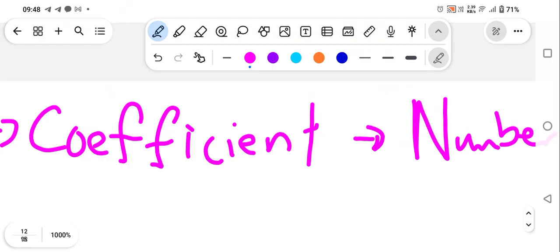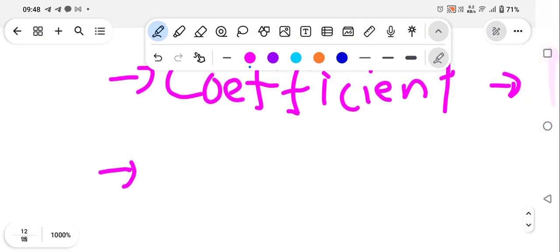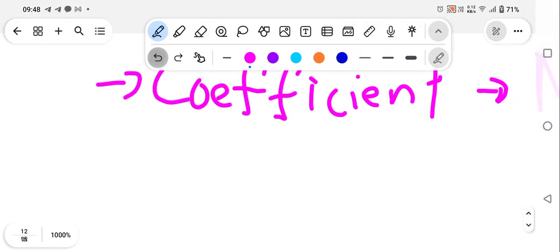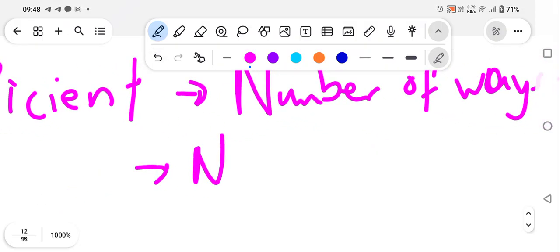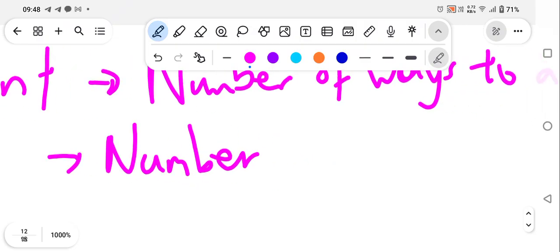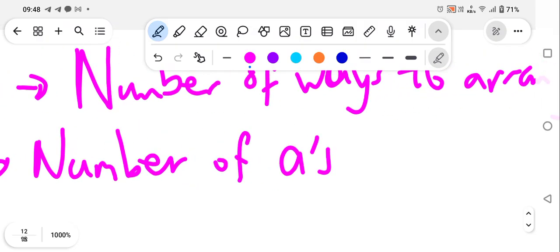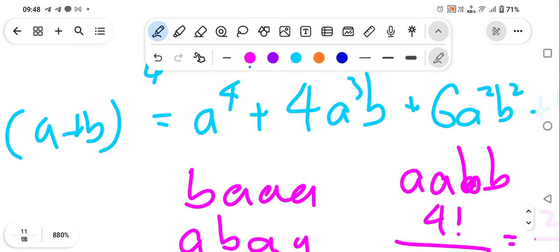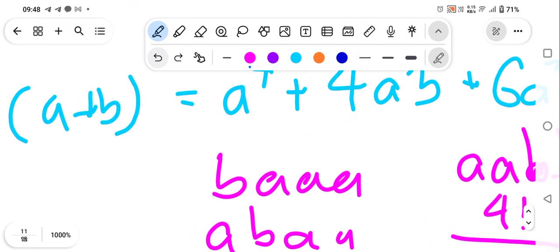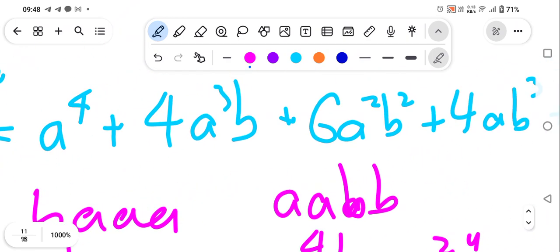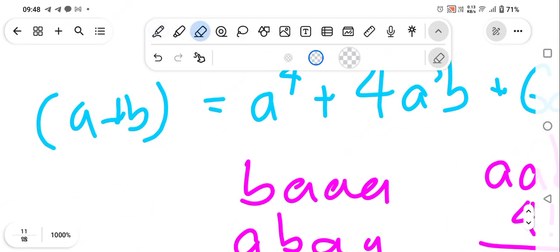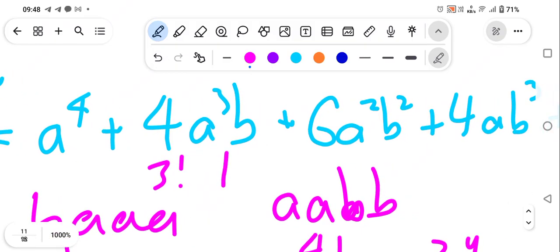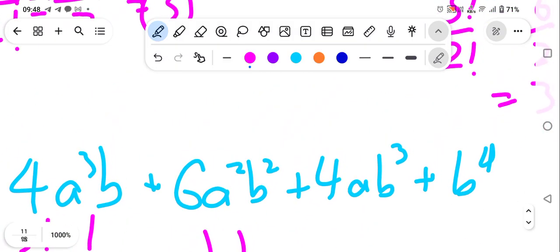So this number of ways to arrange also depends on the number of a's. So if we have 4 items at the start, when we have this term, we have 3 a's and 1 b, and at this term we have 2 a's.